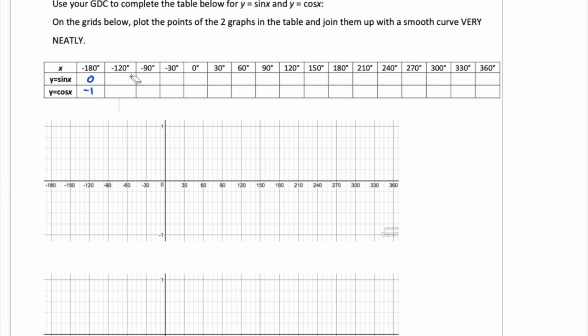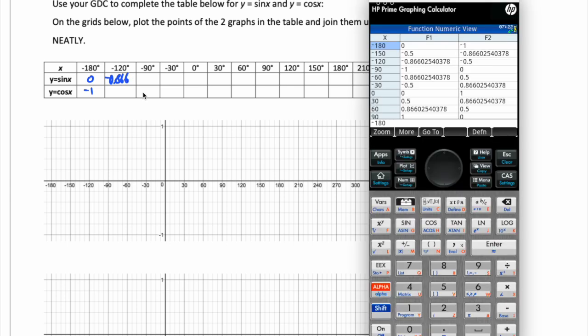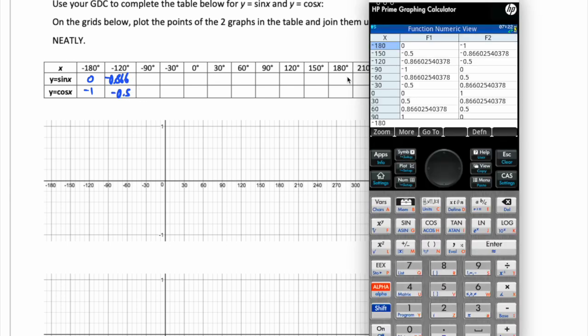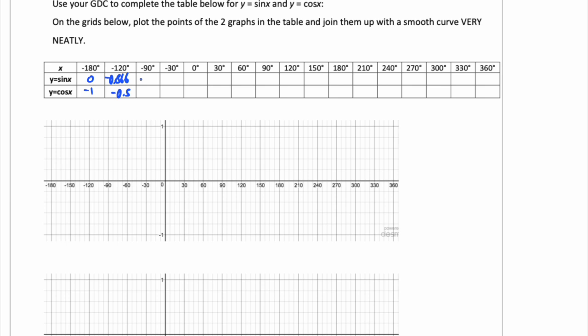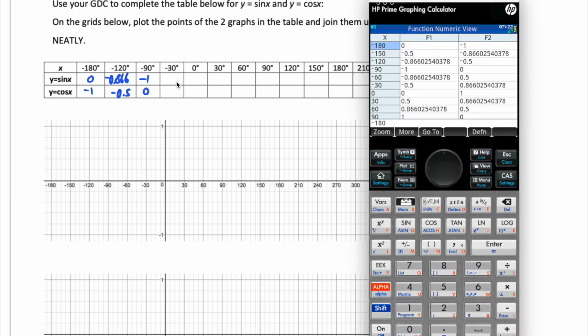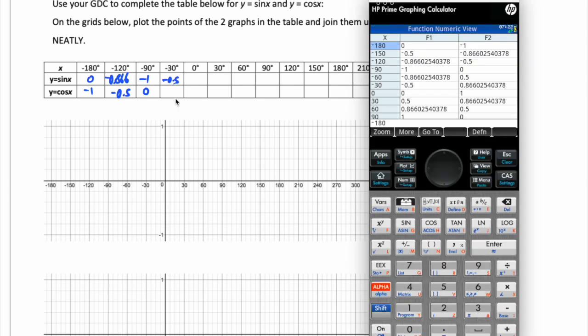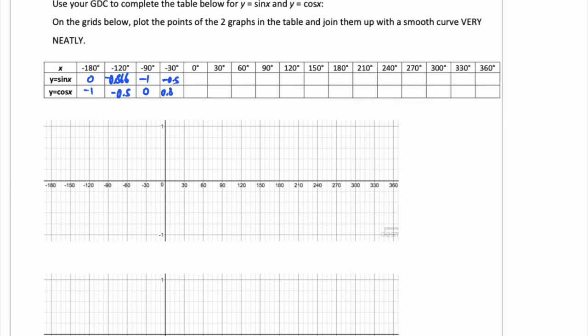Negative 120 is negative 0.866 and negative 0.5. Next, at negative 90, we got negative 1, 0. And at negative 30, we got negative 0.5 and 0.866.